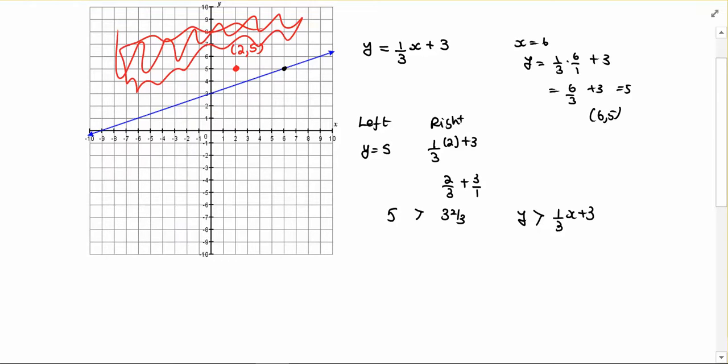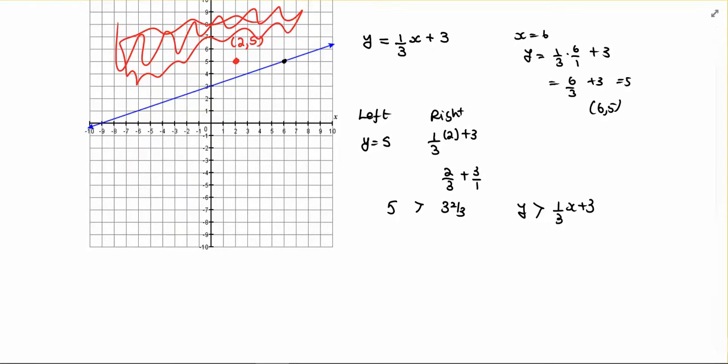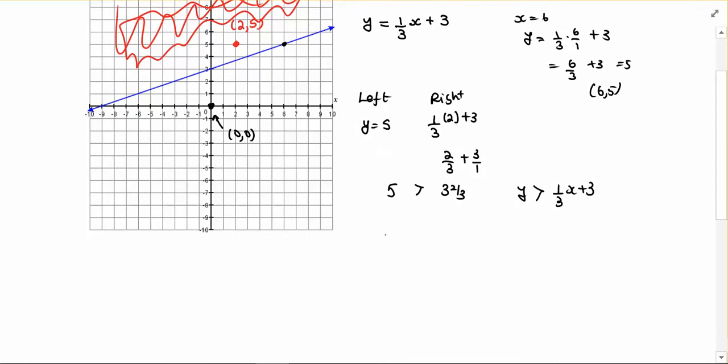What if you picked a point below that line, right? So what if I pick that point? 0, 0. 0, 0 is always very nice and easy to use. So y is 0 on the left, and what about the right?